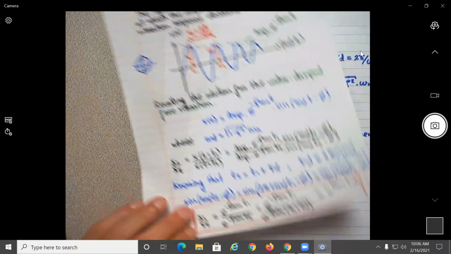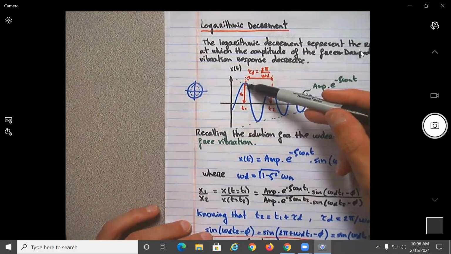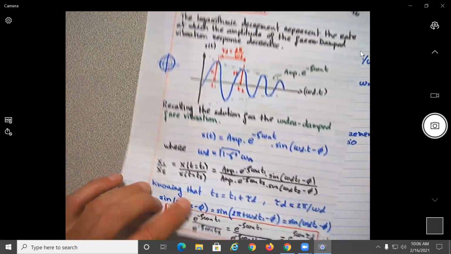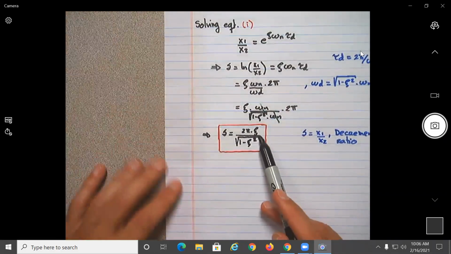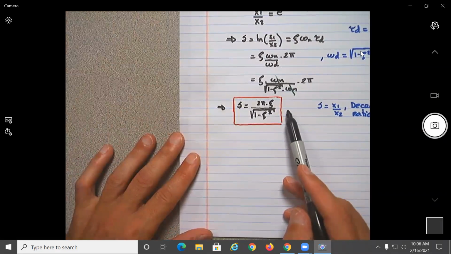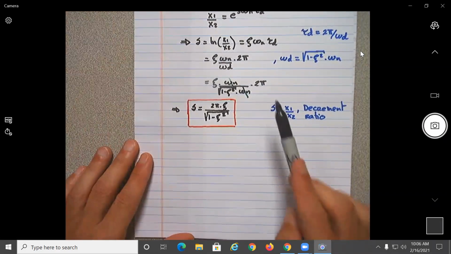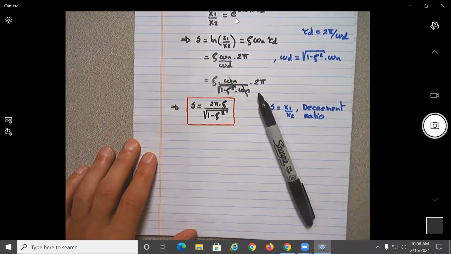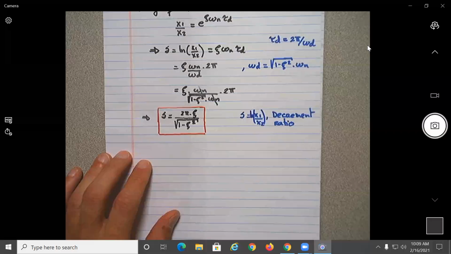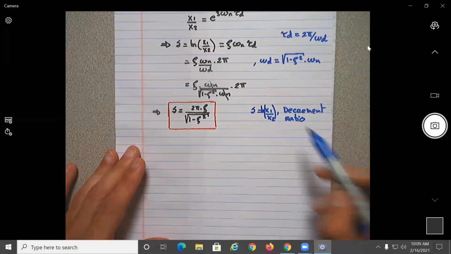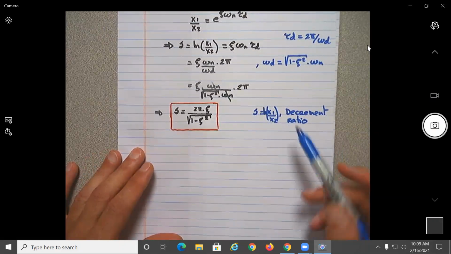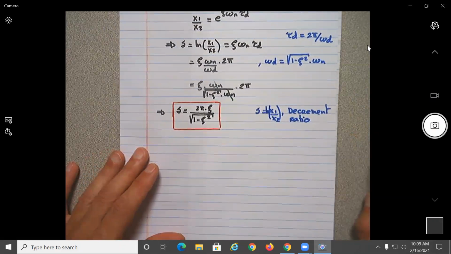Experimentally, if we have this function, all we need to do is measure x1 and x2, and then we can solve this equation for the damping ratio. What's important is the ratio, but yes, delta is actually the log of the ratio of the decrement.